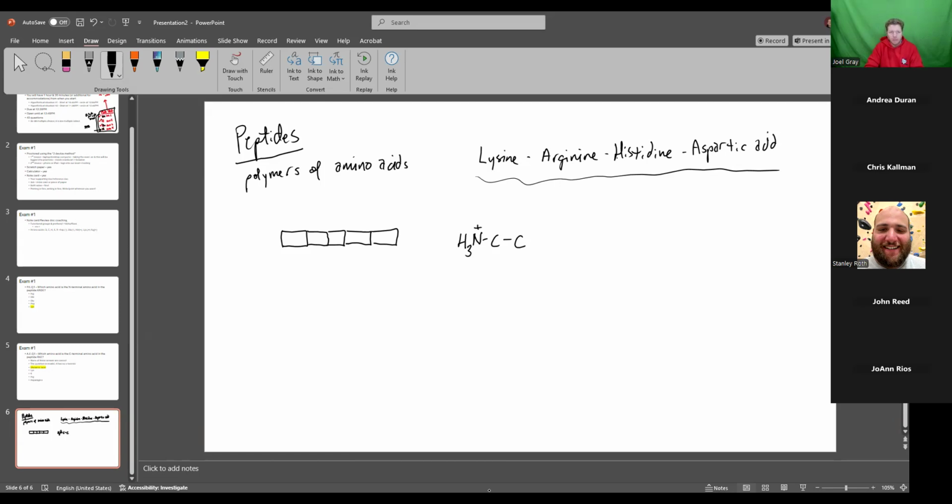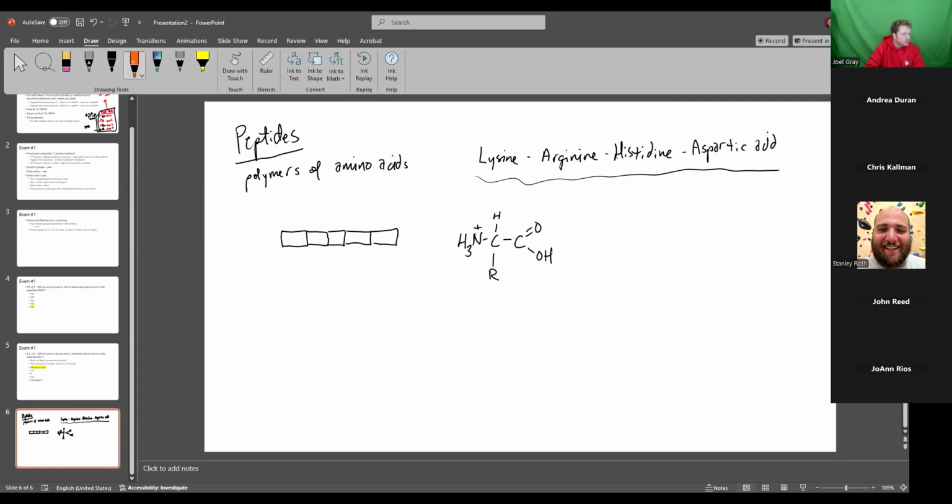The next carbon is also known as our alpha carbon. And then the last carbon is a carboxylic acid. I'm going to draw down here an R, because that would be where my lysine side chain is going to be.